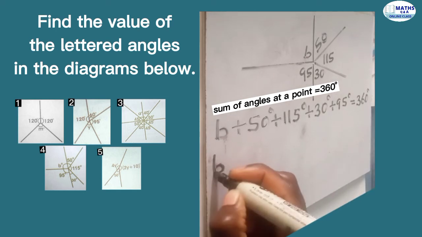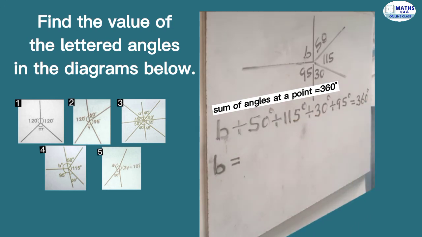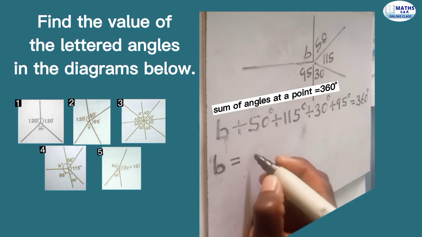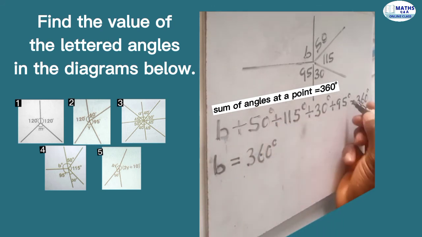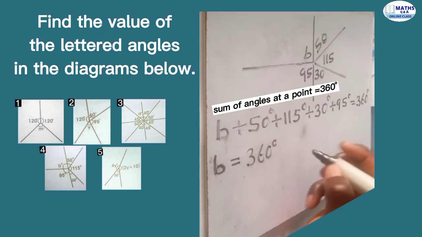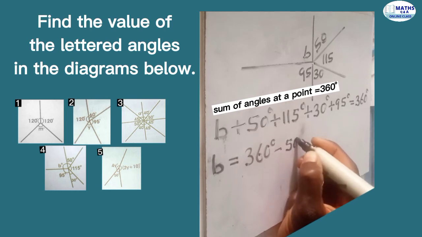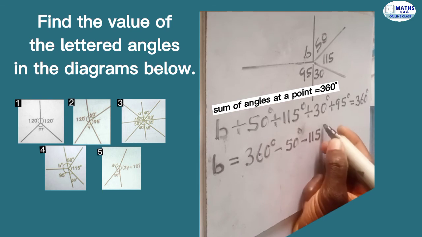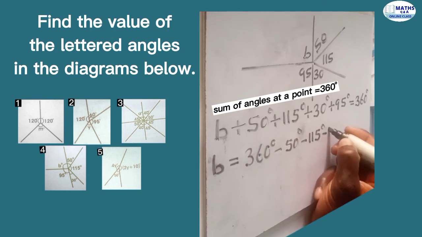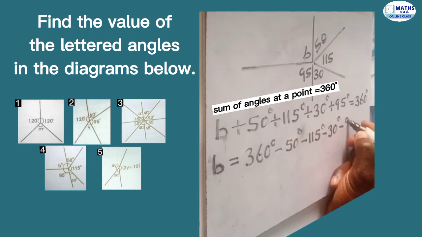Now let's group like terms. We have B here equal to, we are sending all these values to this side because those are constant numbers, right? So we have 360 here already. Now we are sending all these. Since they are positive, when they come here, they will be what? Negative. So we have minus 50 degrees, then minus 115 degrees, then minus 30 degrees, then minus 95 degrees.